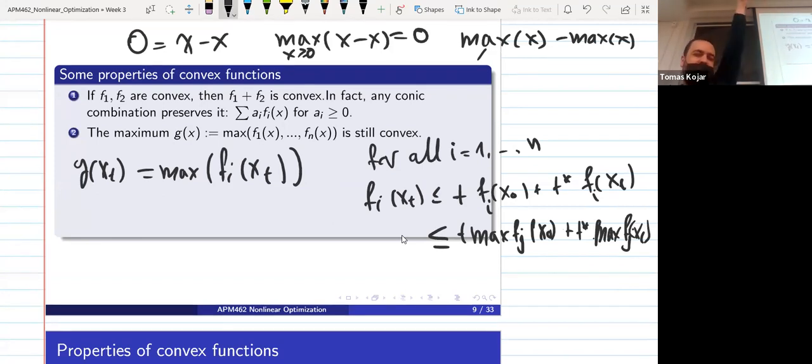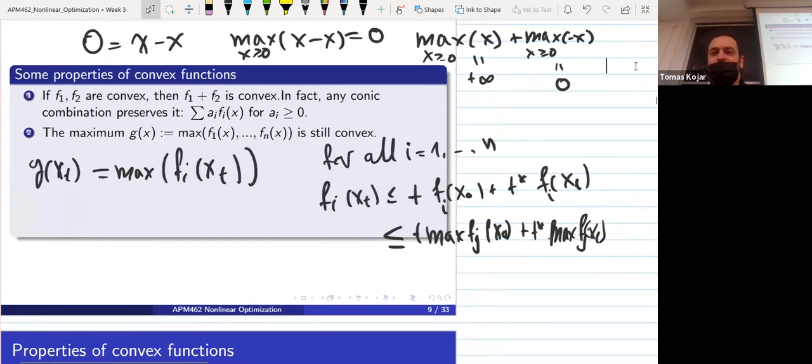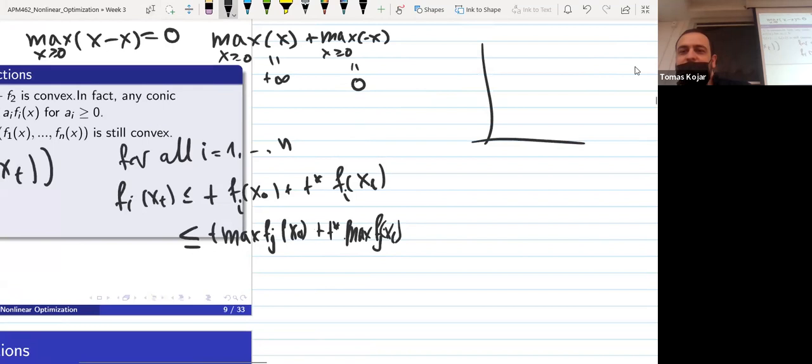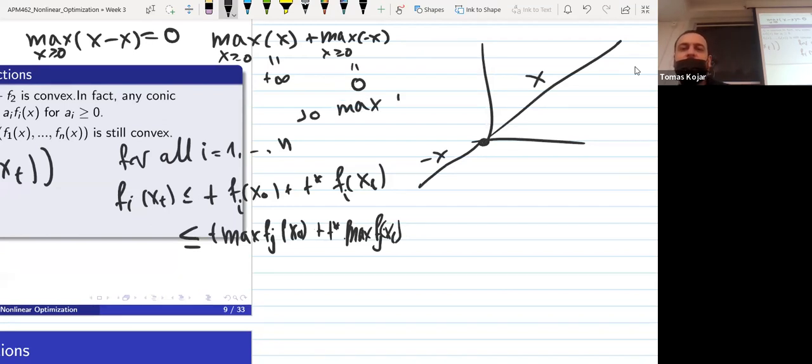I need x goes up to infinity. First of all, the minus is not allowed. Yeah, let me do it this way. Maximum of minus x, like this. This guy is plus infinity, but then the maximum of minus x is 0, because this is x and this is minus x. Okay? So maximum is not linear. Is that okay?